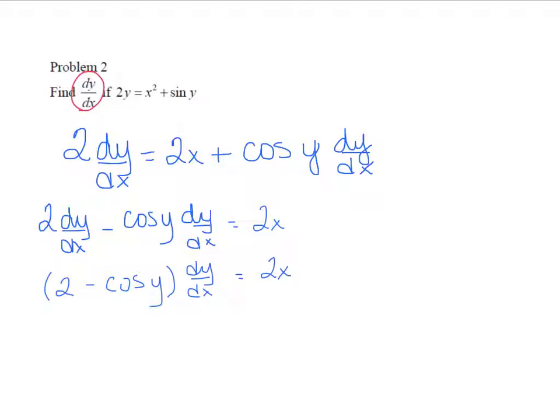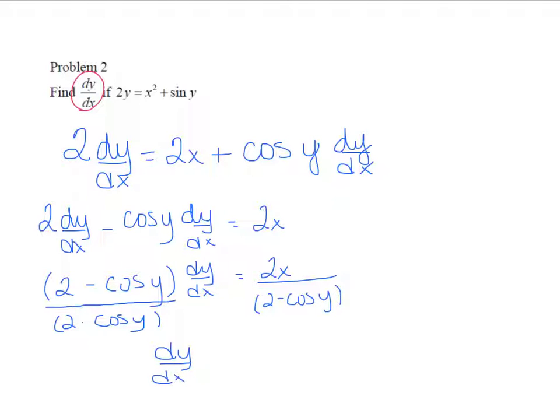We factored out a dy dx out of both of those terms. Now this is multiplication, the quantity times dy dx, so we divide by the quantity on both sides. So now we have dy dx equals 2x over 2 minus the cosine of y.